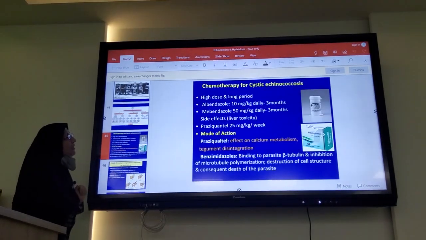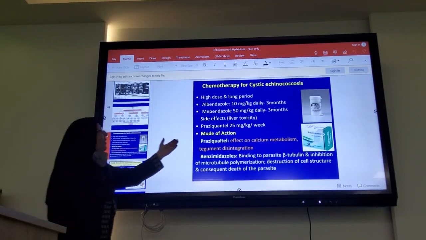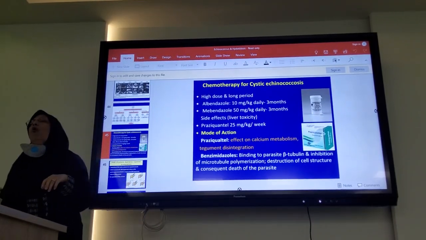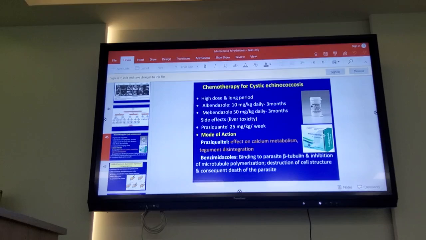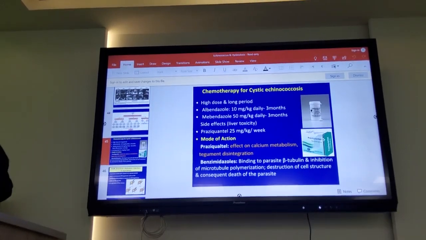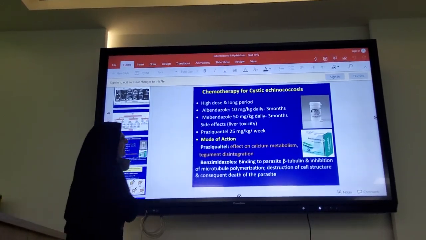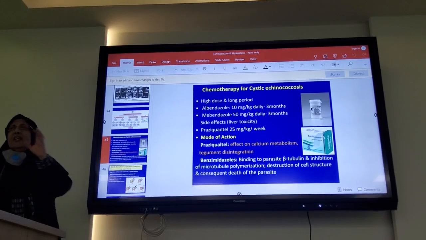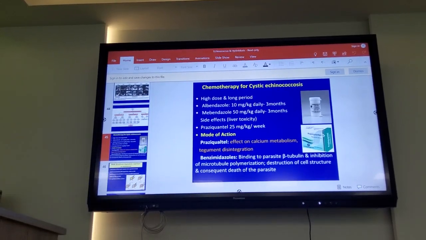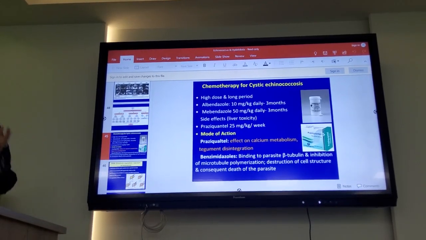For the chemotherapy, one of the most important drugs, especially for the platyhelminths, is praziquantel. You will hear this name many times during the course of helminthology.